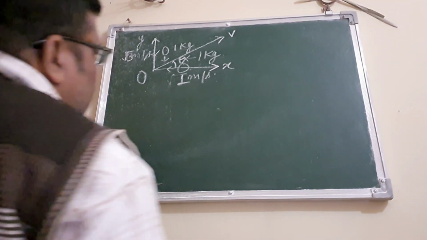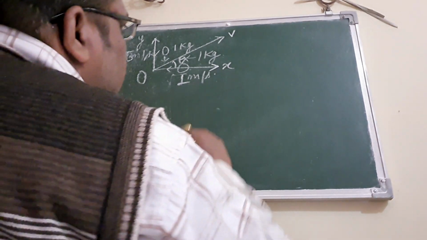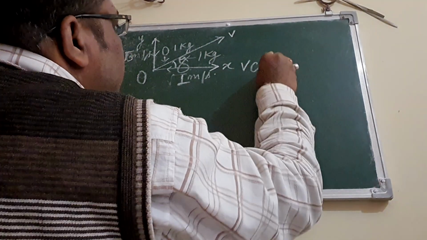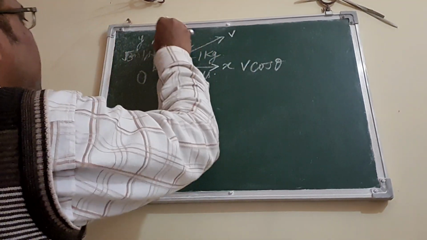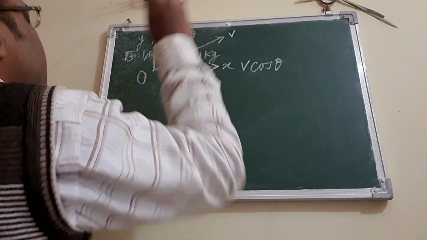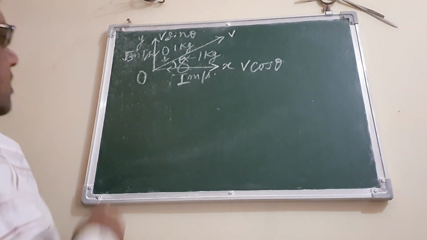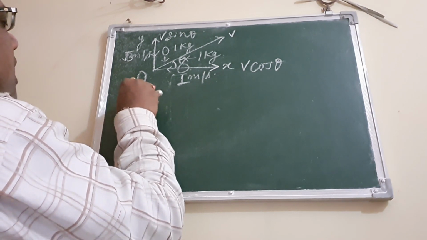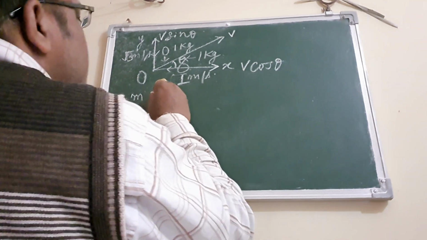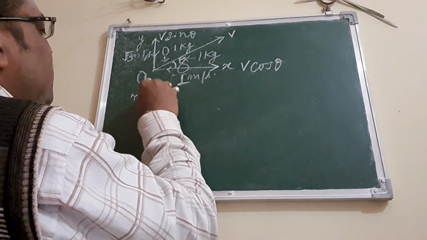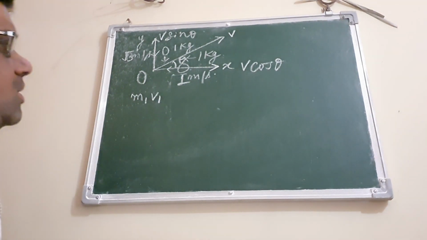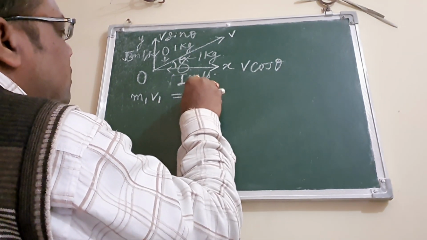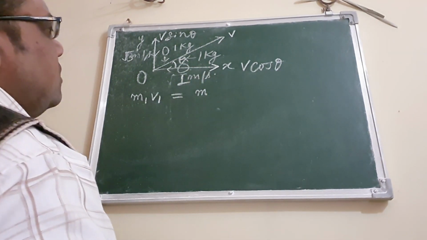So we will resolve this velocity in the x and y direction. In the horizontal direction it will become v cos theta, in the vertical direction v sin theta. Now we are writing the equations according to the law of conservation of momentum. It will be m1 v1, the initial momentum of mass m1, equal to both of them after collision.